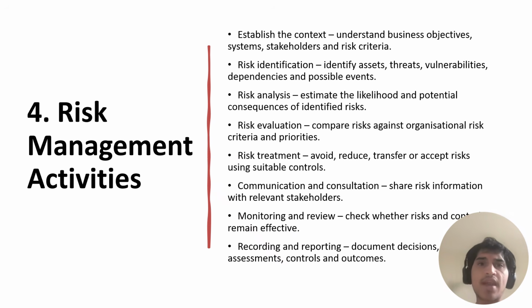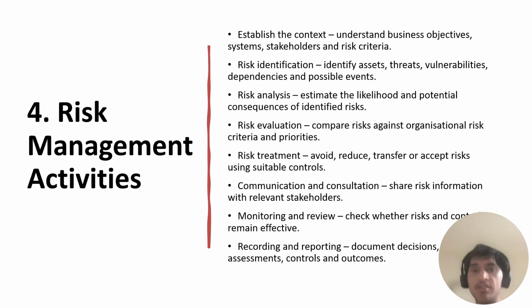So what are the risk management activities? The first one is establishing the context, which we learned on the third slide. Establishing the context means understanding the business objectives, systems, stakeholders, and the risk criteria. We will also be learning about risk identification. The identifications are going to be assets, threats, vulnerabilities, dependencies, and possible events.